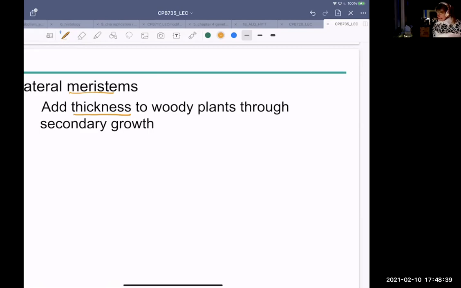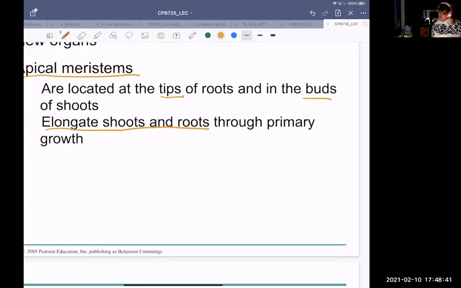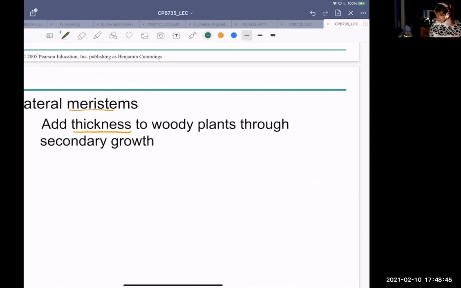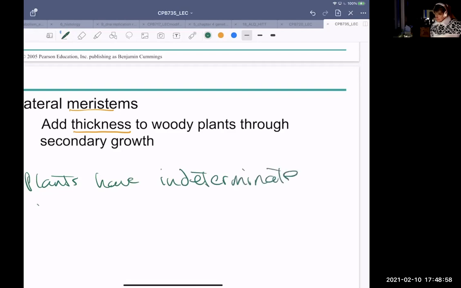One thing that's very interesting about plants, I'll just write it down here. Plants have what's known as indeterminate growth. In other words, they'll just grow their whole lives. They never stop growing.